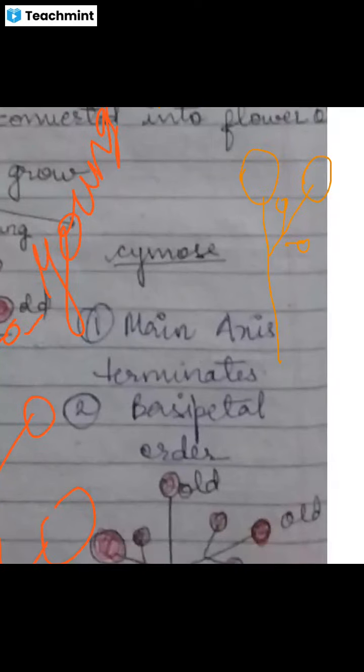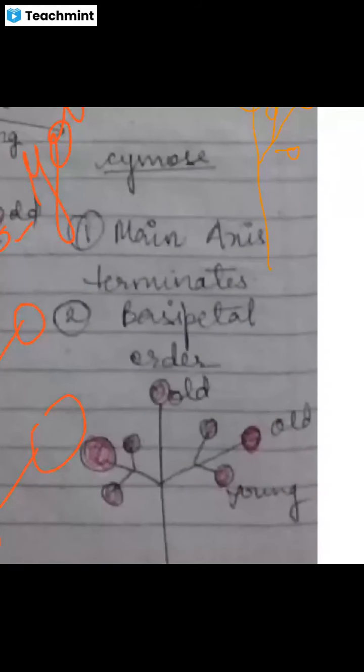Here, the oldest one will be the upper flower, and the rest of them on the lateral side, below it, will be the younger flowers. Here the arrangement is basipetal order and the main axis terminates in a flower. On the basis of arrangement of the flowers, we have mainly two types: one is the cymose and second one is the racemose.